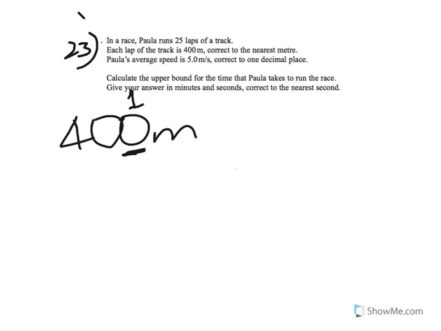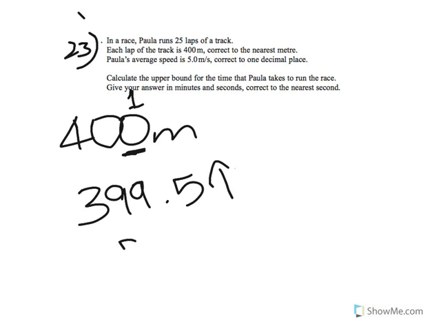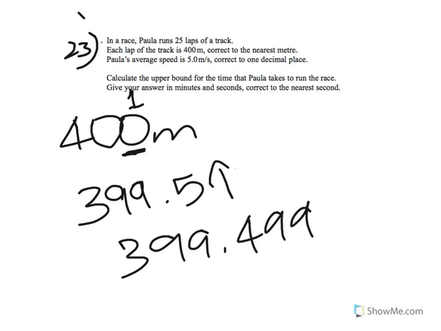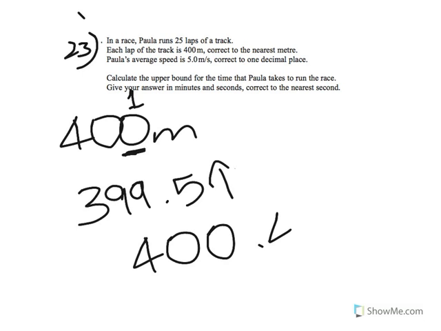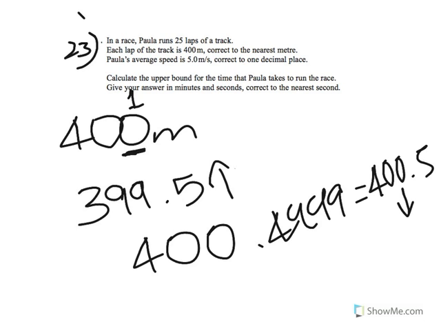So it could have been 399.5 rounded up, or it could have been 400.49999, which is just 400.5 rounded down.